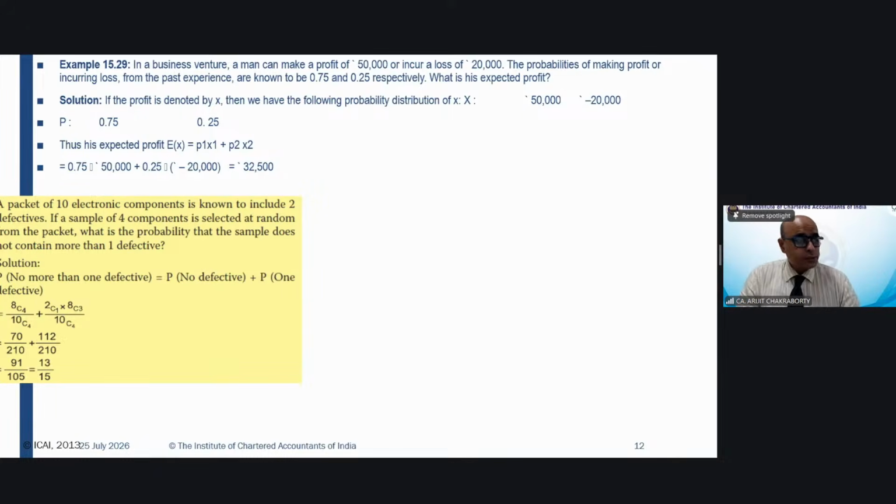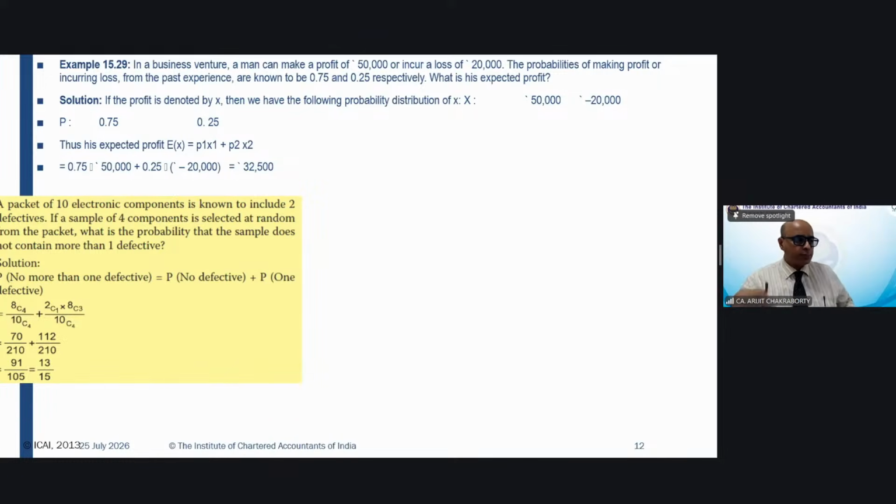Now we look at another example where you see the application of permutation combination, more precisely combination. We have a packet of 10 electronic components and it's known to include 2 defectives. That means 10 components are there, out of which 2 are defective. That means 8 are good items and 2 are defective.